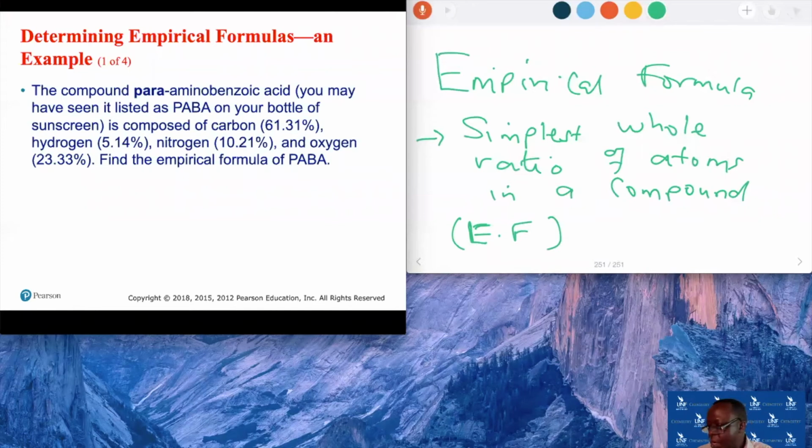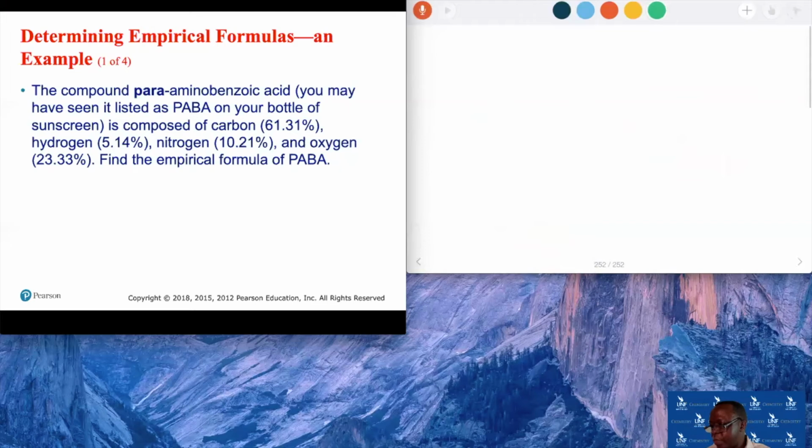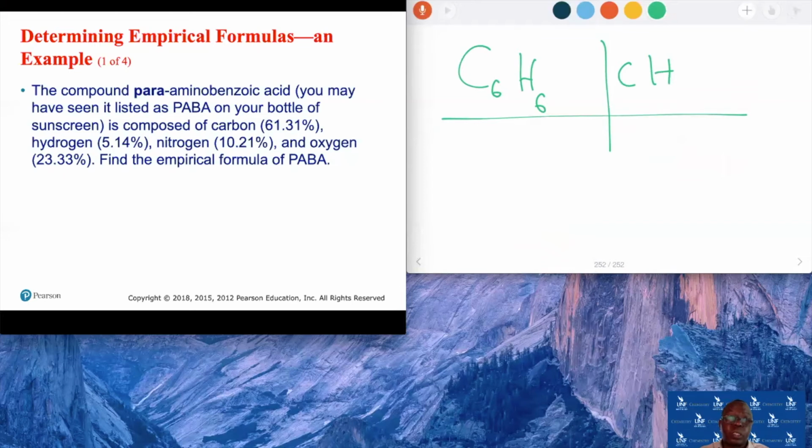In chapter 1, I believe, we looked at how to write the empirical formula from the molecular formula, such as benzene. If we have C6H6, the empirical formula is CH, dividing both sides by 6 to simplify to the simplest ratio.